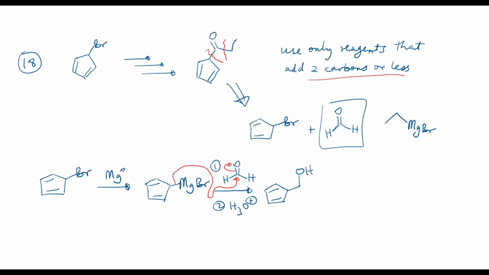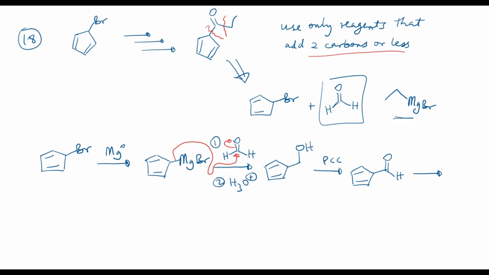We need to convert this to a carbonyl compound and then react it with the next reagent. So I will use PCC, which will convert the primary alcohol into the aldehyde. Next, I will then react this aldehyde with this Grignard reagent.